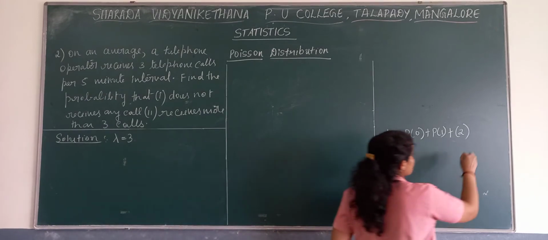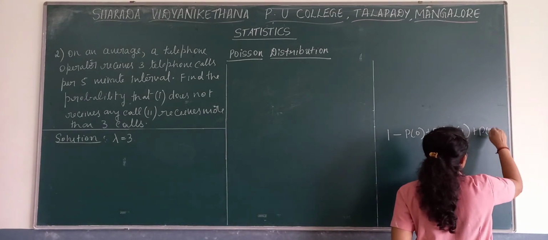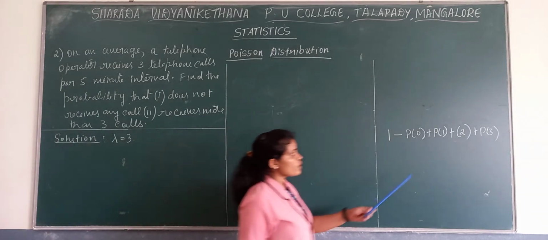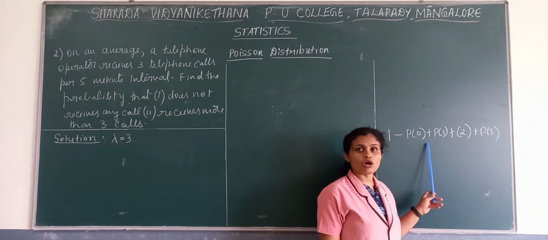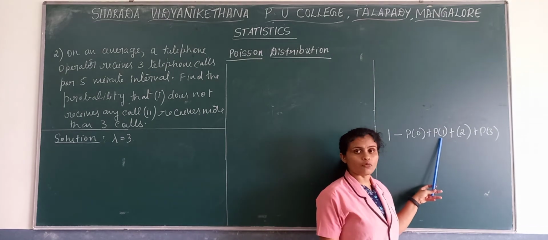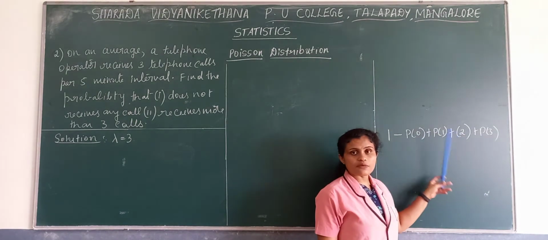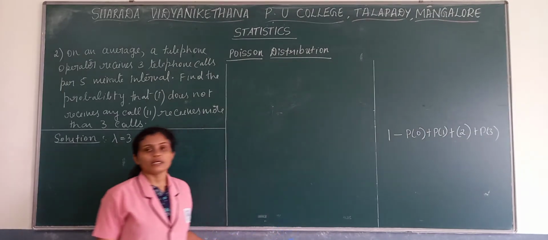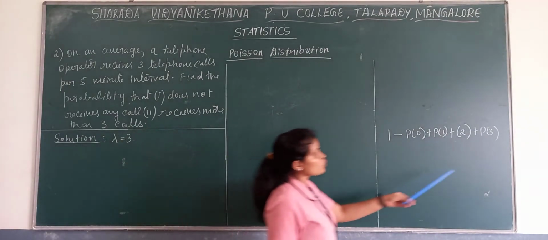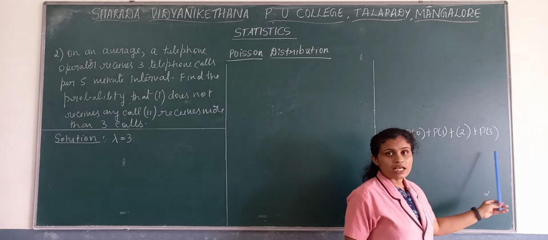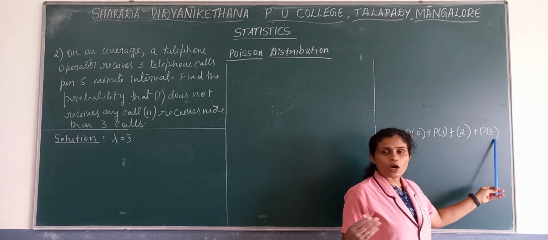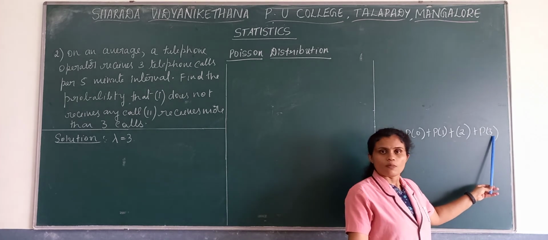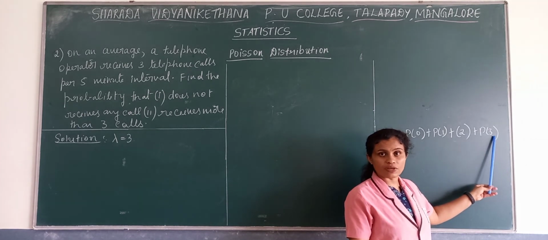Possibility of getting 3 calls, you deduct. From the total, possibility of receiving no calls, 1 call, 2 calls, 3 calls, you have to deduct. If you deduct that, what will remain? From the total, if you deduct that, what possibility will remain? Possibility of receiving more than 3 calls. More than 3 calls, obviously it will remain.